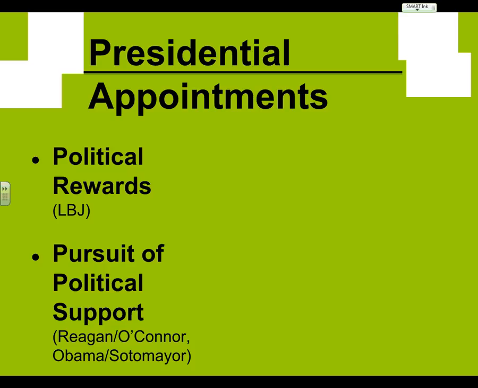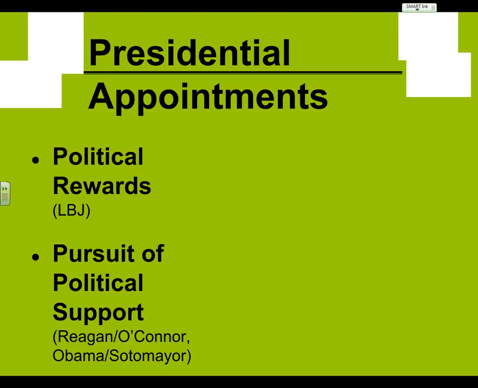And then also they're going to pick judges based on getting political support. So Reagan, for example, chose Sandra Day O'Connor because at the time in his campaign, he was trailing among women by 20%, what we know as the gender gap. So to close the gender gap, he said, if there is a vacancy in the Supreme Court and I'm elected president, my first appointment will be a woman. So he picked Sandra Day O'Connor to be the first female Supreme Court justice to try to get the support of women.